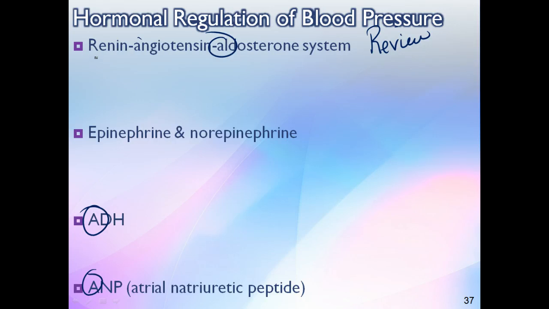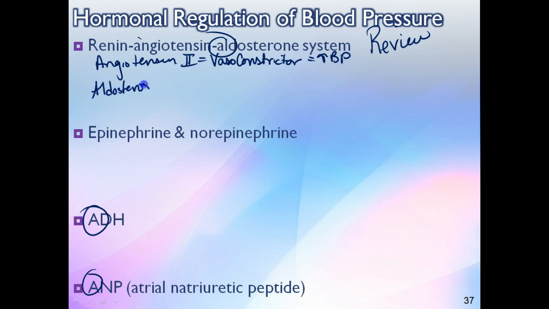Well, remember, in terms of the effects of renin-angiotensin-aldosterone on blood pressure, we have angiotensin 2, which is a vasoconstrictor, which will increase blood pressure. And then we have aldosterone, which functions to increase sodium reabsorption. All this is at the kidneys.